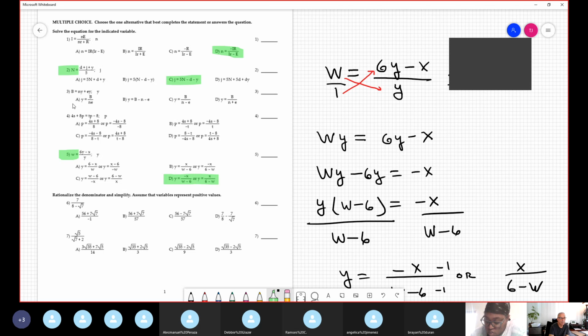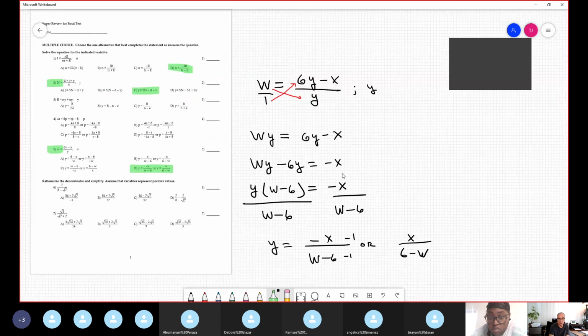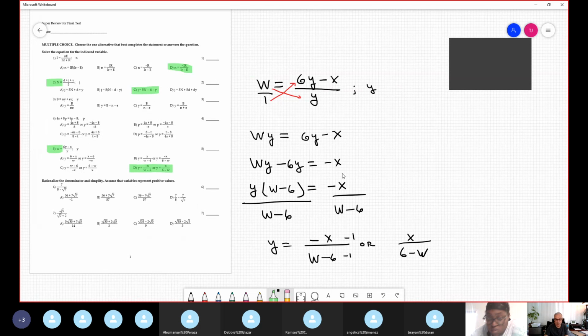We skipped number 3 and number 4. So my question was, do we need more examples of the literal equation or no? Yes or no? Answer me. Yes or no? No, no, yes, yes.